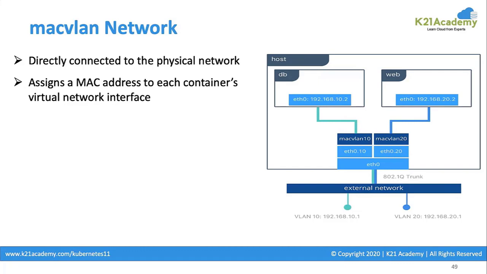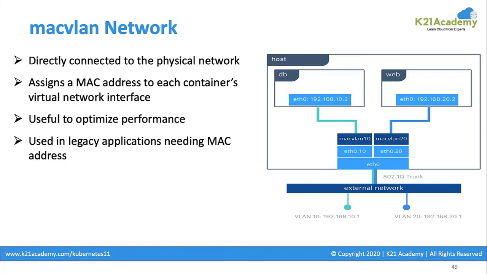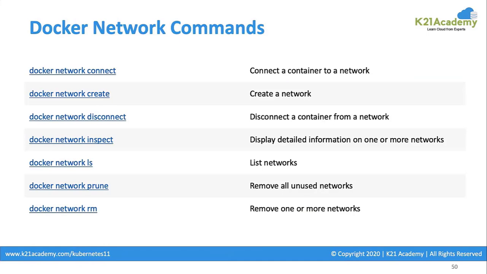Just as we have the vEth associated with an IP, now you will have a MAC address as well. This also optimizes the performance. It's normally used with legacy applications where a MAC address is a mandate so that you can talk to those applications. So this was all about the MacVLAN type of network.